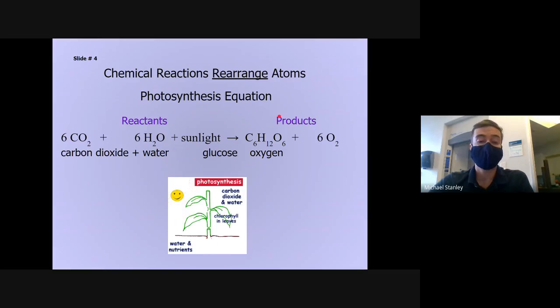So we have the same types of atoms on either side: C's, H's, and O's on the reactant side, C's, H's, and O's on the product side. All we're doing is switching around where those atoms are going, how those atoms are bonded to each other. So instead of these H's being bonded to these O's, now they become bonded to these C's and O's over here, and the other O's are left on their own.